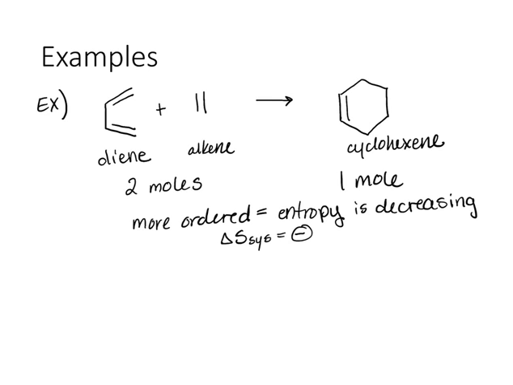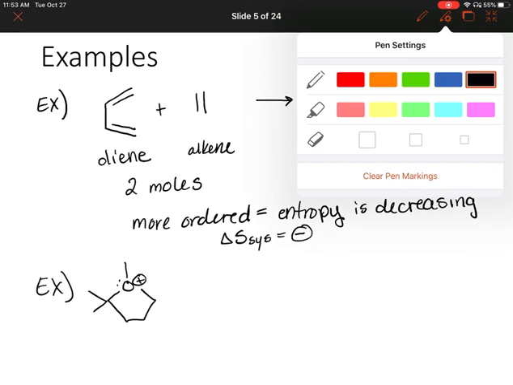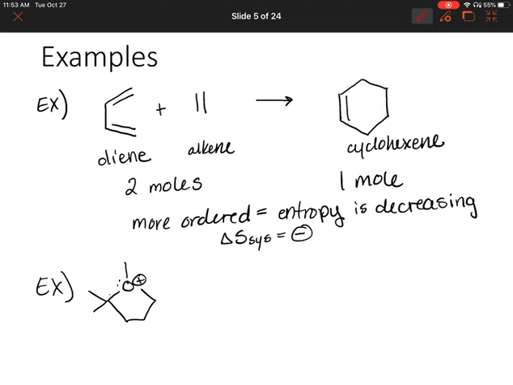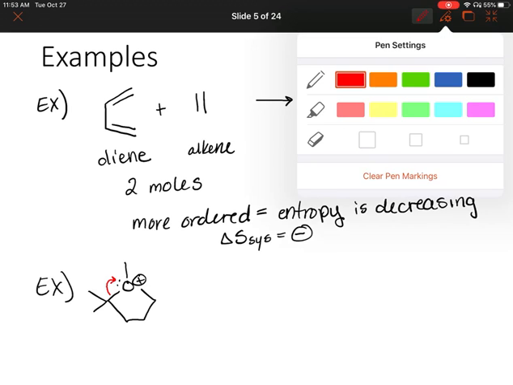Okay, let's look at another example. In this example, we have the following molecule, and this is actually going to break apart. So the bond between oxygen and the next carbon is going to break.